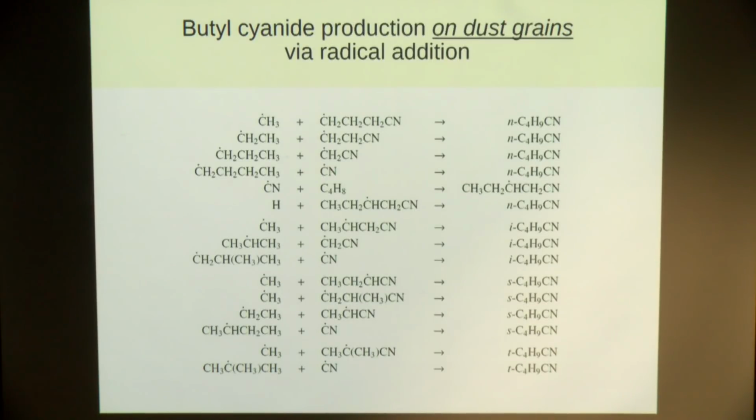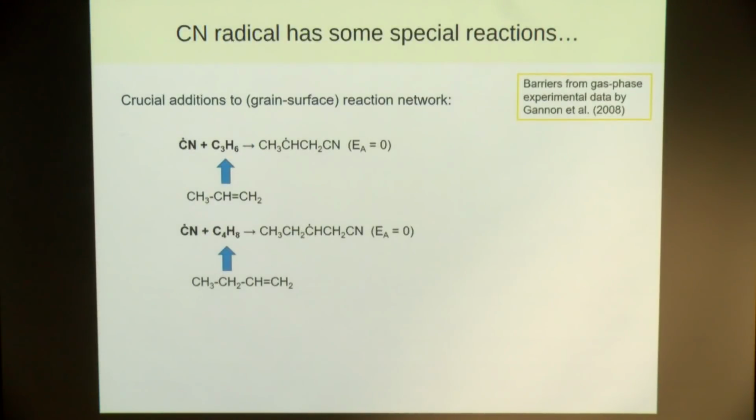But in fact, even this on its own was not enough to turn around this discrepancy between models and observations. What I had to include was a different type of reaction. Okay, and this is, I promise, the last bit of chemistry I will show you. This was a set of reactions involving the cyanide group, which again is a radical, inserting itself into an unsaturated hydrocarbon. In other words, it's a hydrocarbon that has a double bond.